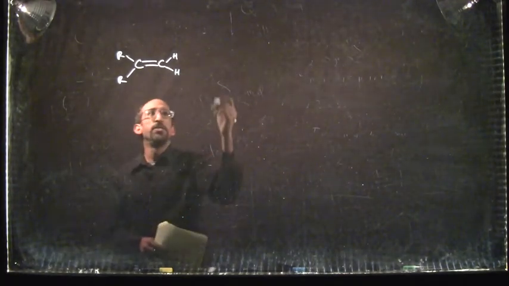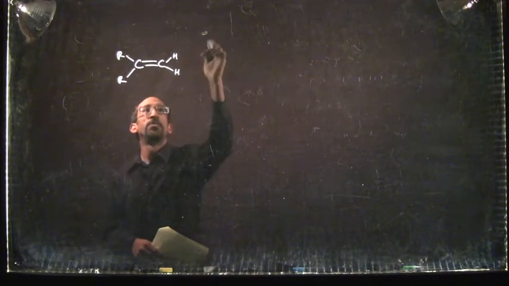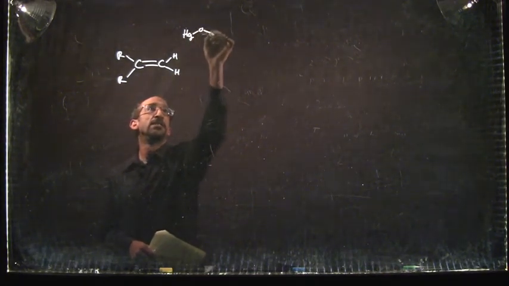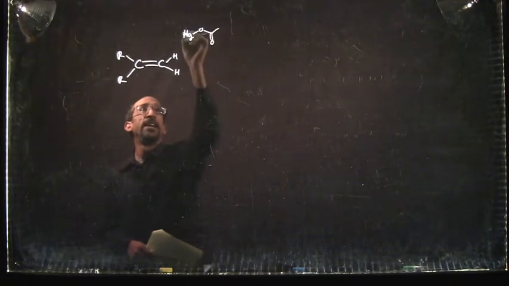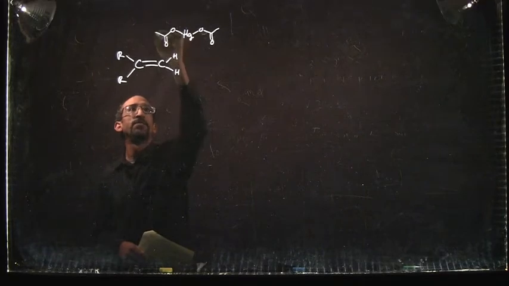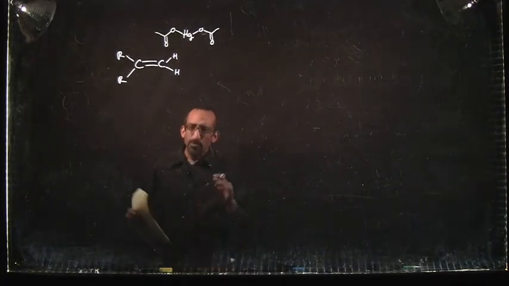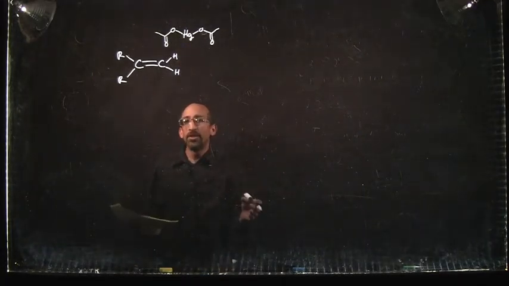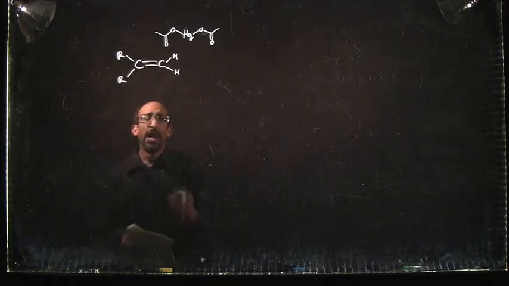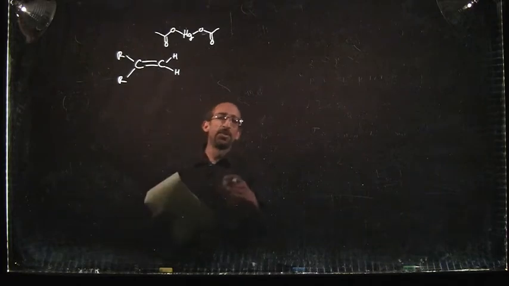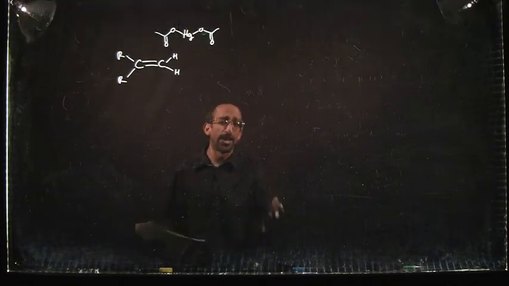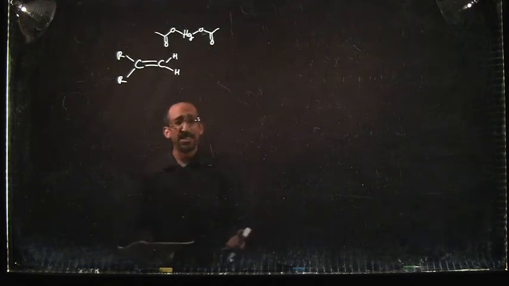The reagent we use to start this reaction is known as mercury acetate. So mercury, and it has 2 acetate groups on it. Now, the mercury has a charge of 2+. It actually has a very large expanded orbital set. The exact reasons it's able to do what you're going to see in this step are beyond the scope of this course. They're best left for inorganic chemistry or advanced synthesis.